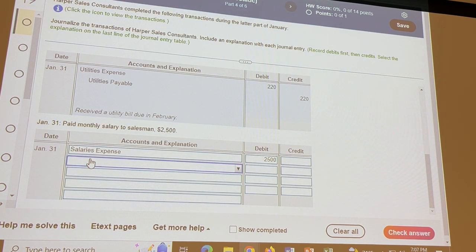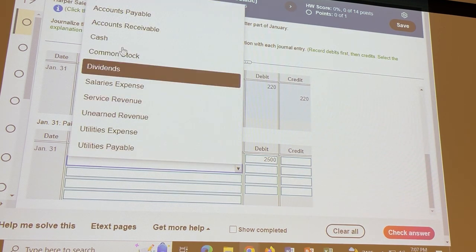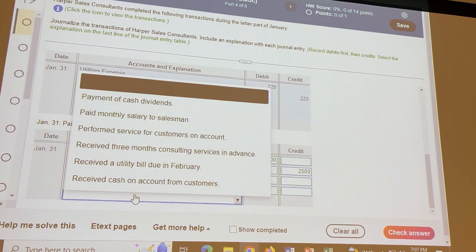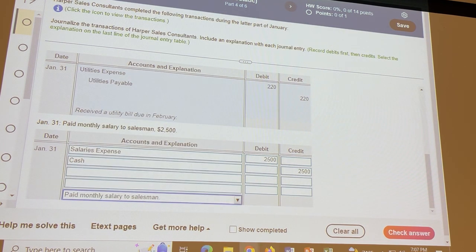I was thinking it went into salaries payable, but we didn't. We actually paid it in cash. So cash is an asset account that's going to go down. So we will credit cash to show it going down, $2,500. And then at the bottom, paid monthly salary to salesman.